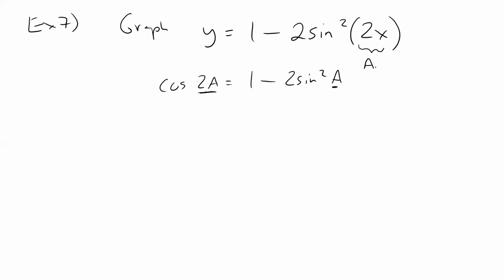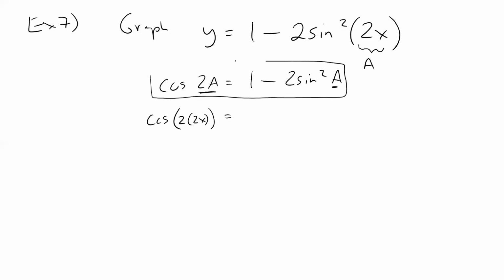Good there? So if that's true, then this piece becomes cosine of 2x. Tell me if you guys agree. Does that make sense? Why do you get to assume that it's equal to cosine? Because this is the double angle formula for cosine.